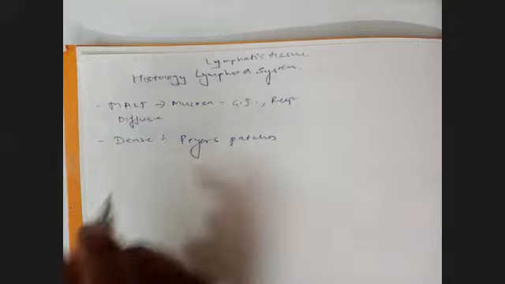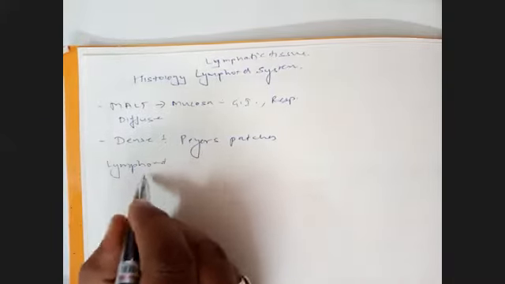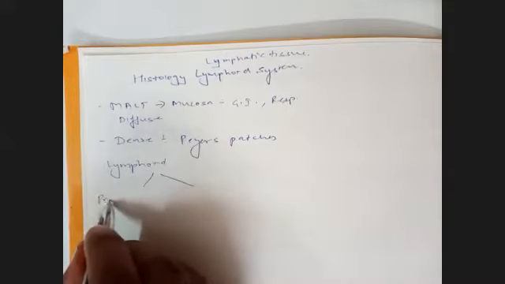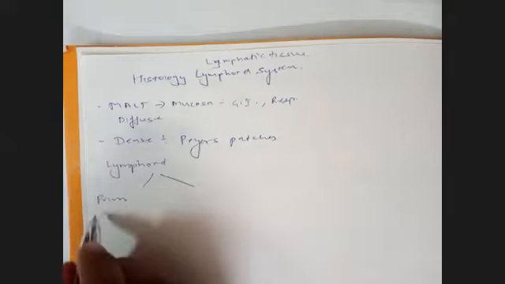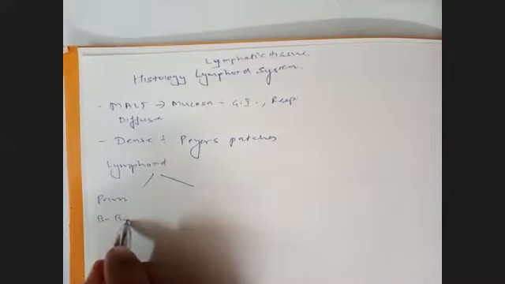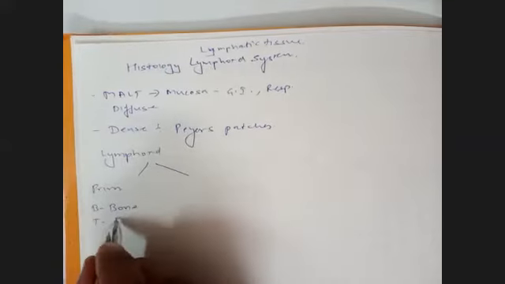Okay, the lymphoid organs are divided into two. One is the primary lymphoid organ, where the lymphocyte synthesis takes place. For B lymphocytes, it is the bone marrow, and for T lymphocytes, it is the thymus.